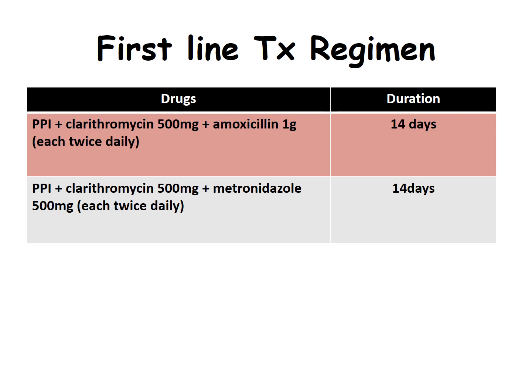The first line treatment regimen or the treatment protocol for treating H. pylori infection is like this. It will have a proton pump inhibitor plus clarithromycin 500 mg plus amoxicillin 1 gram. Each drug should be given twice daily for 14 days. In your textbook you will be seeing some other classification, that is sequential treatment method and all.